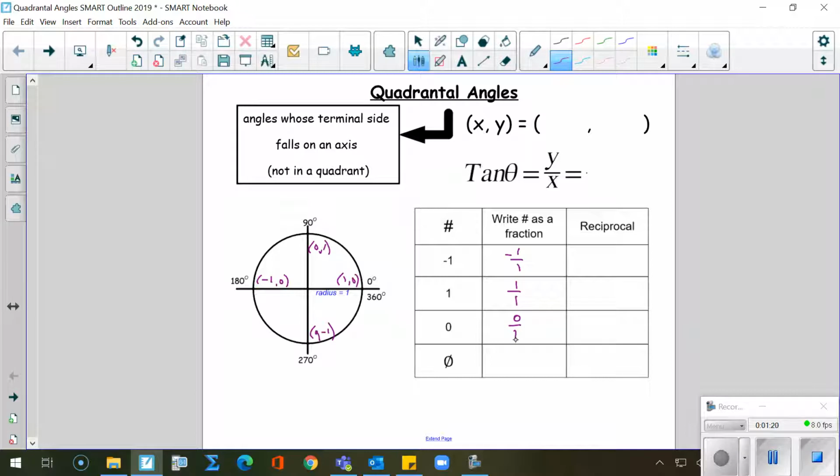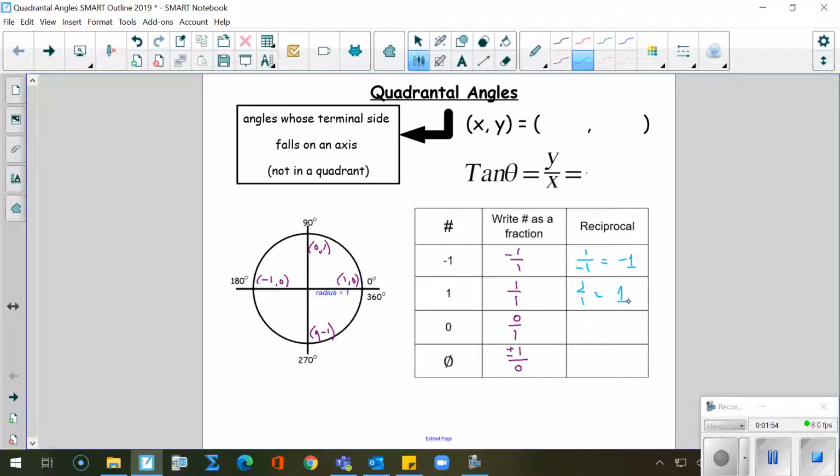And an undefined value is undefined because it has a 0 in the denominator. We will also have to find reciprocals of these. A reciprocal of -1 would be 1 over -1, which is still -1. Not so bad. The reciprocal of 1 is still 1.